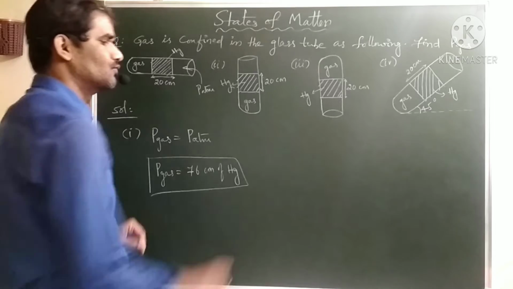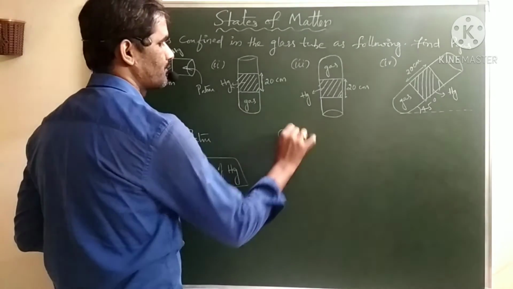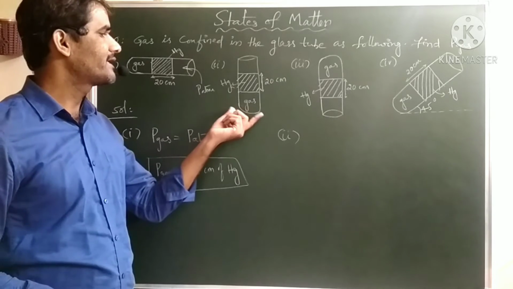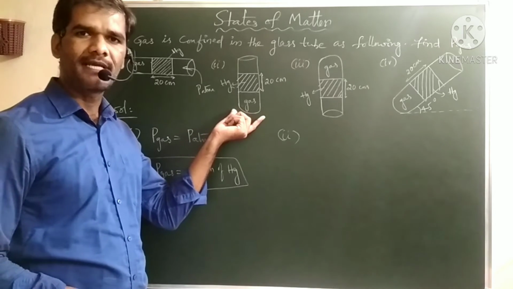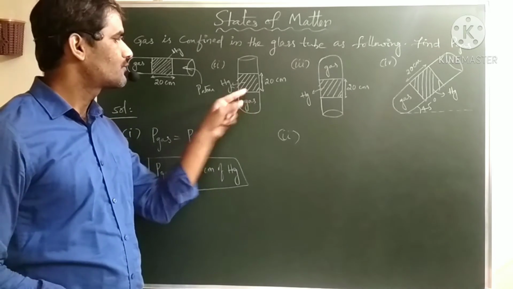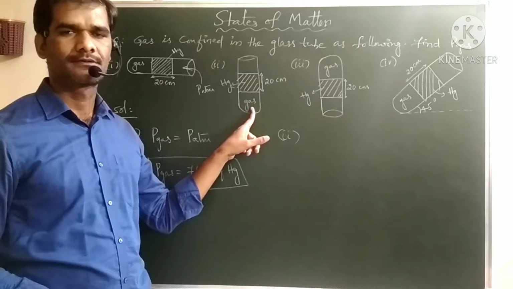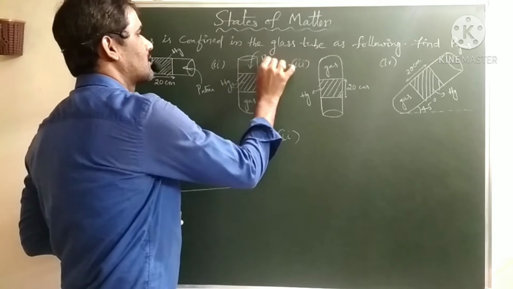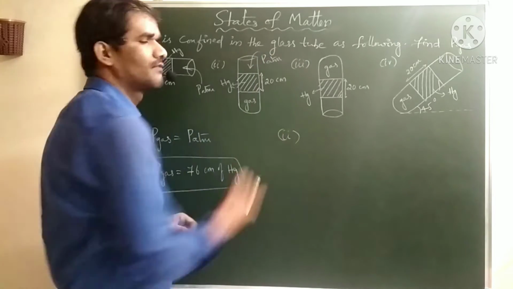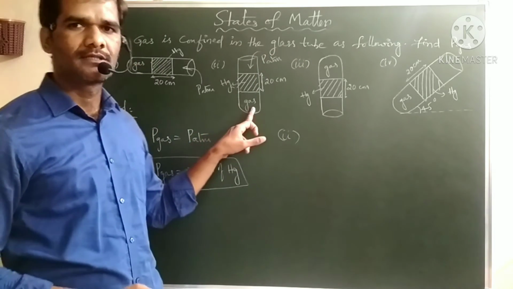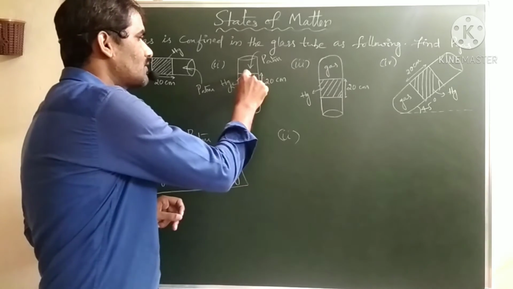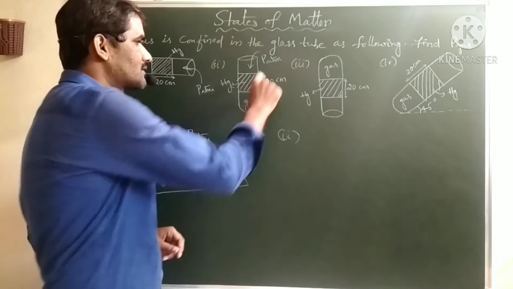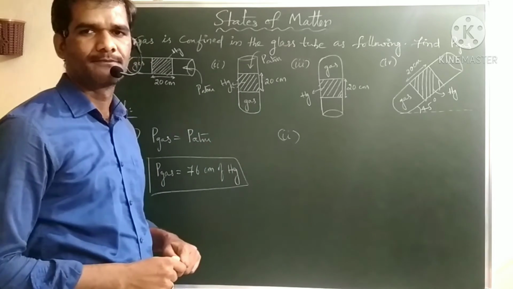Next, in case 2, what is the pressure of the gas? Now the tube is vertically placed. It is open to the atmosphere, so atmospheric pressure will work on the gas. Simultaneously, the mercury also exerts some pressure on the gas, due to the height of 20 centimeters.